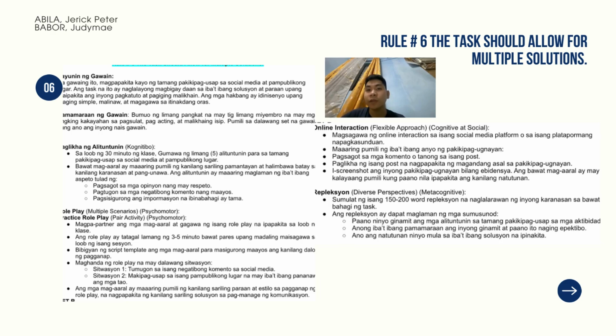In our improve item, as you can see, in every task we give multiple solutions. Like in role play, we have now scenario 1 and scenario 2. And sa paglikha ng alituntunin, we have aspects tulad ng pagsagot ng mga opinyon na may respeto, pagtugon sa mga negatibong komento ng maayos, pagsiguradong impormasyon na ibabahagi ay tama.